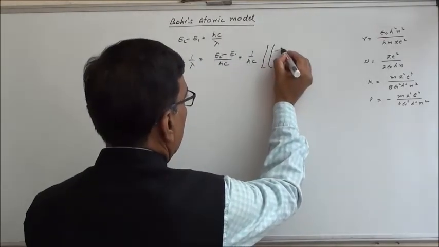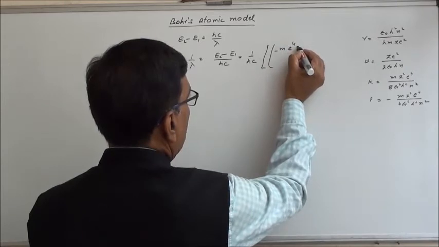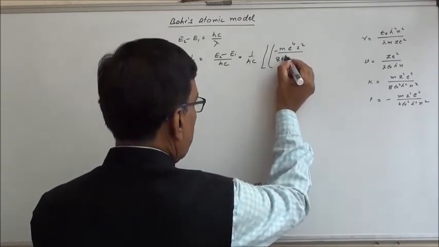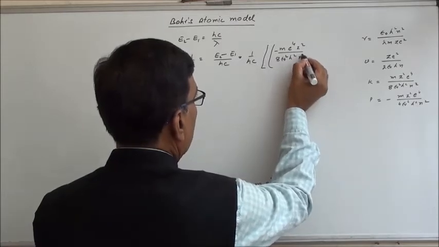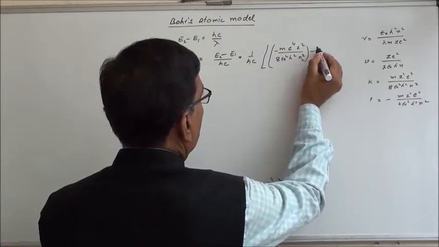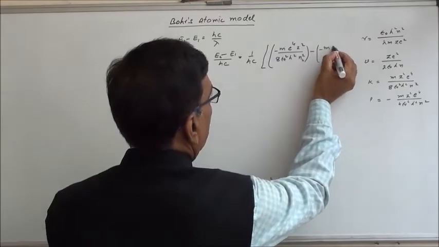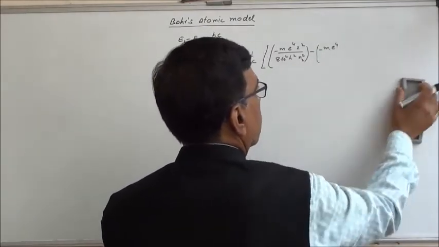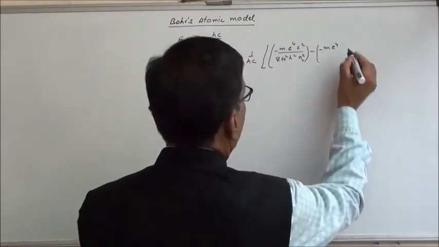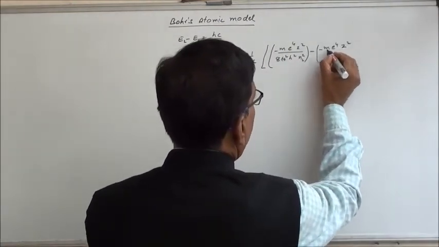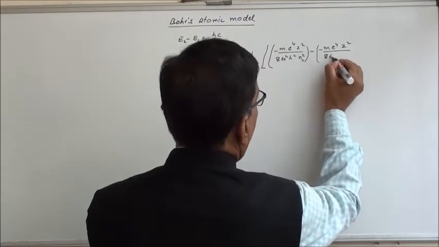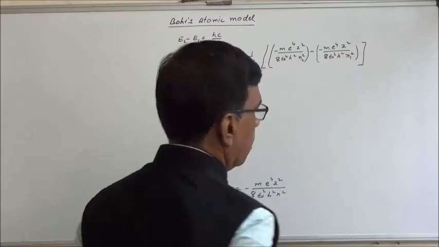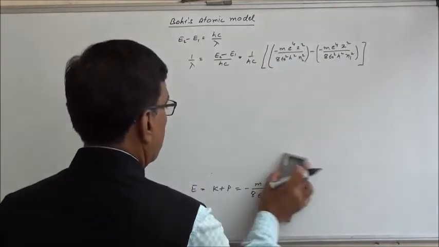E2 will be minus m e^4 Z square upon 8 epsilon naught square h square n2 square, minus E1, minus m e^4 Z square upon 8 epsilon naught square h square n1 square.